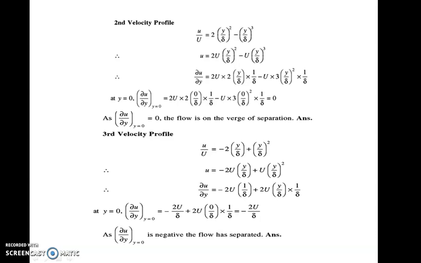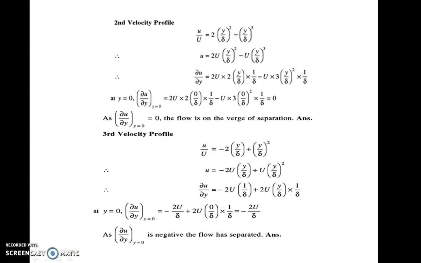So the flow is about to separate, it is on the verge of separation. So the second case is nothing but the boundary layer about to separate. From this onwards, the boundary layer will detach. So it is an acceptable condition under certain circumstances.